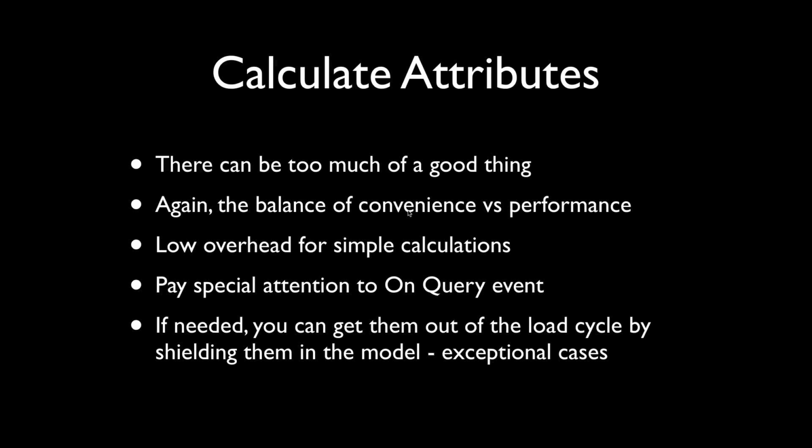The best way to evaluate the suitability of a calculated attribute is how often the data will change, and how complicated it is to calculate. Between those two, you can make a judgment call. Full names potentially get changed frequently, but it's a very simple calculation, so it makes sense to do it there.